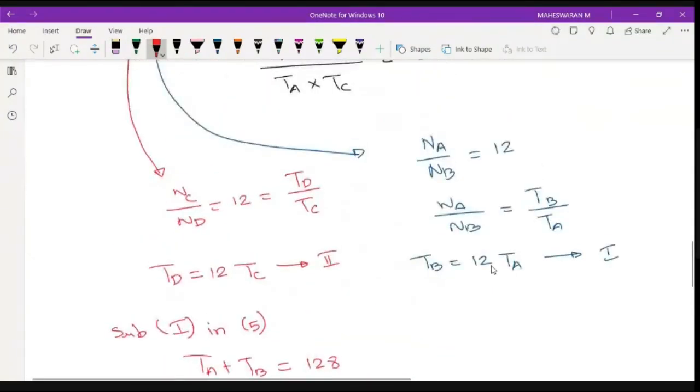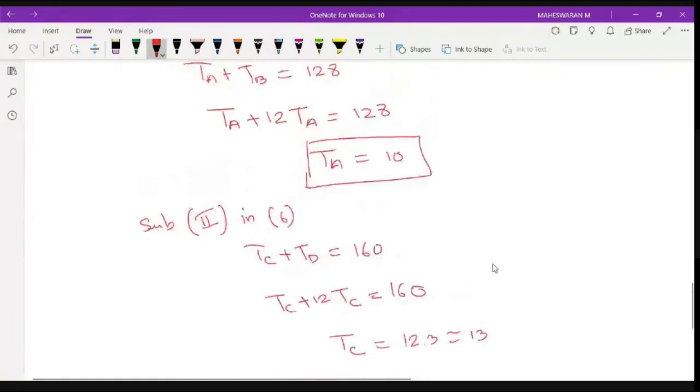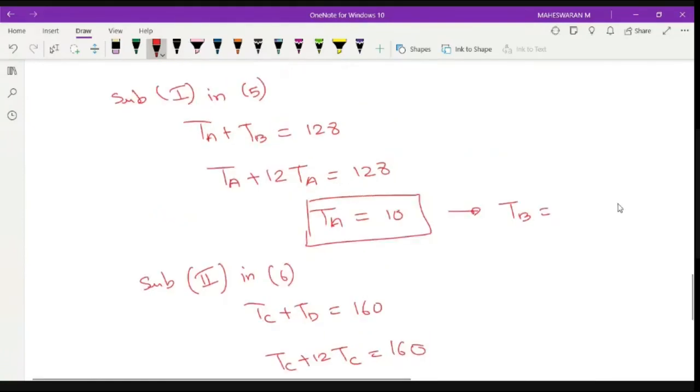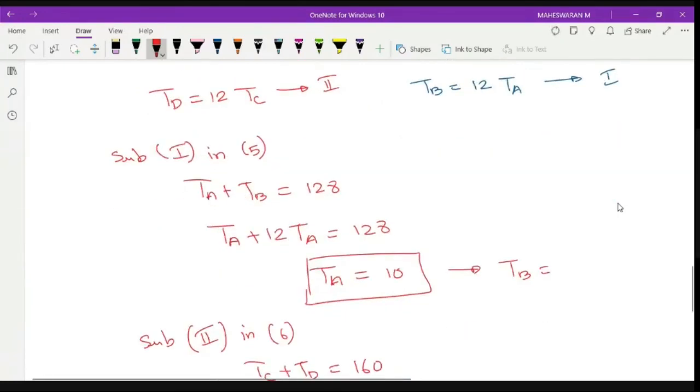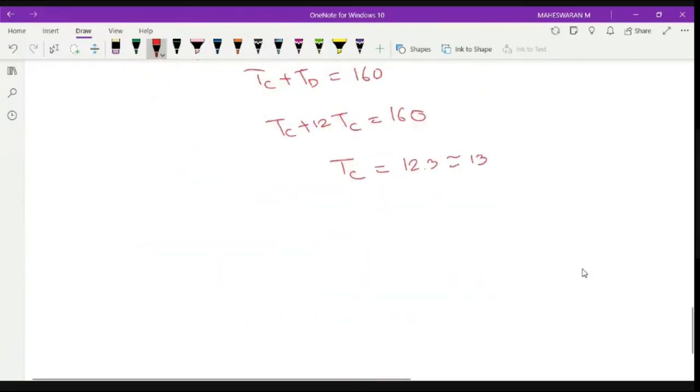Okay, let us identify. If this is the case, what is your TB? TB is 120. What about your TD?